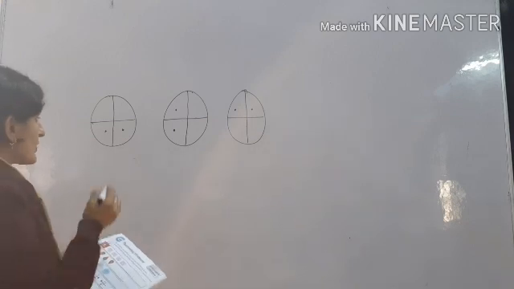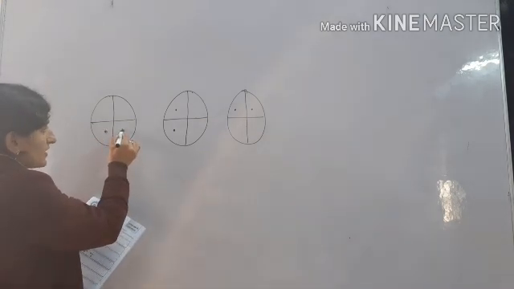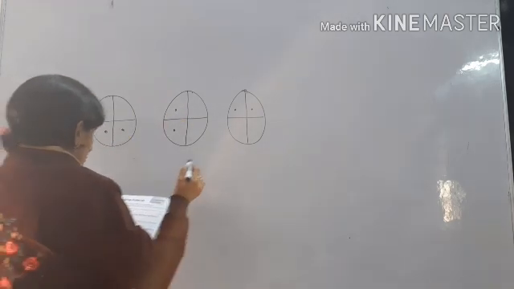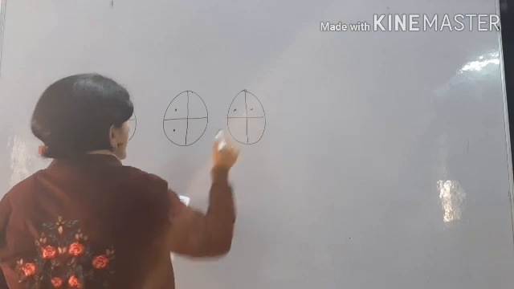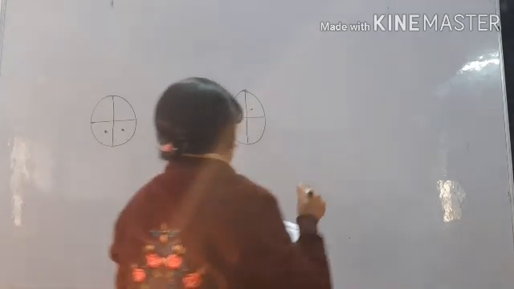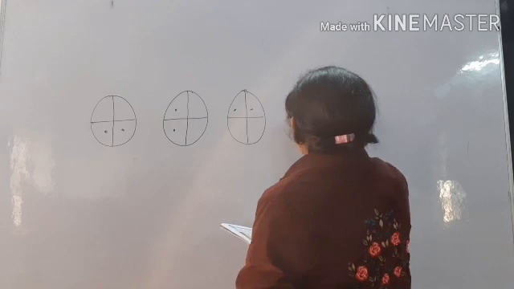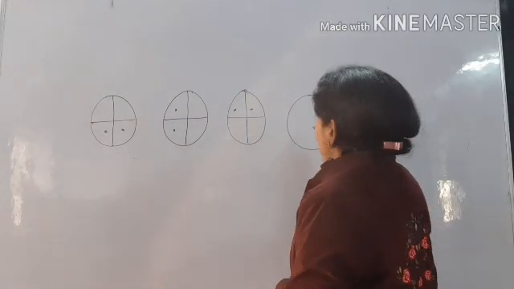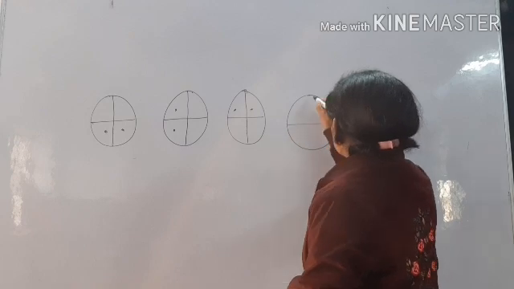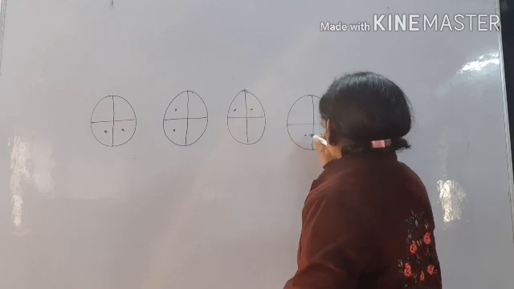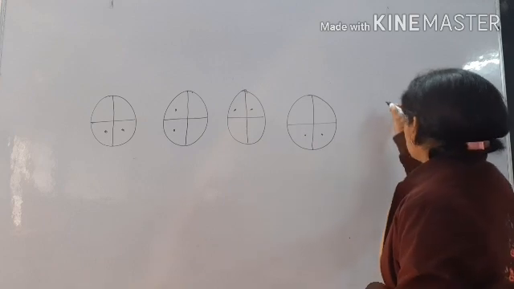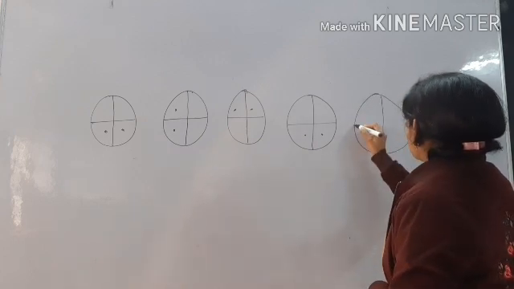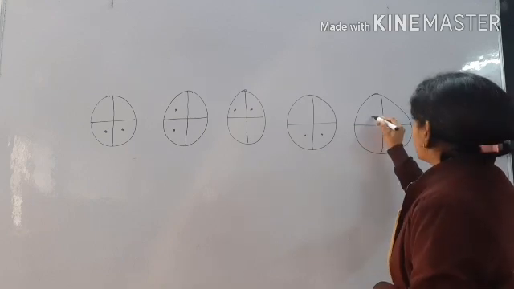So in the first you can see these dots are here, in the second these dots are here, and in the fourth these dots are here. So in the fourth, the first pattern will be repeated, okay, and in the fifth, the second pattern will be repeated.